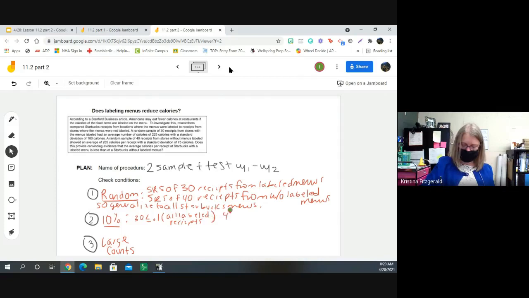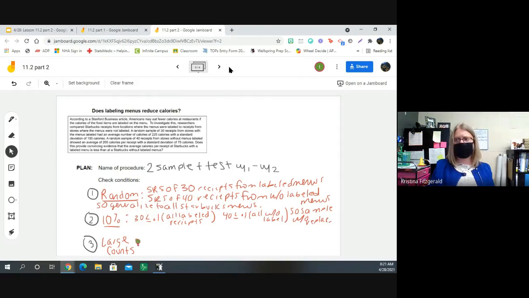And 40, likewise, is going to be less than 10% of all without a label. So we can sample without replacement. If we don't put the receipt back, that's okay. We haven't taken that big of a group.